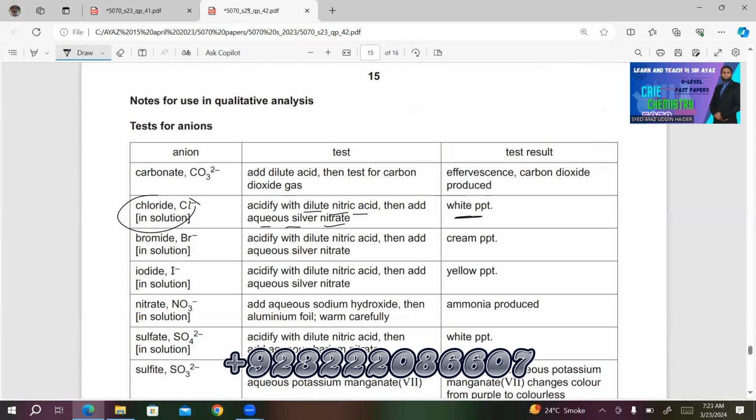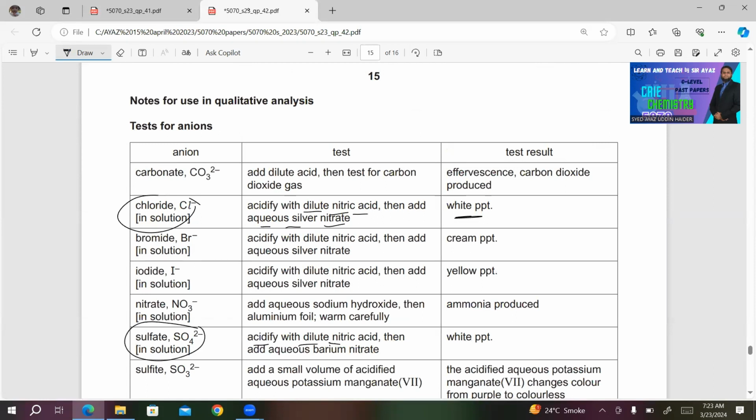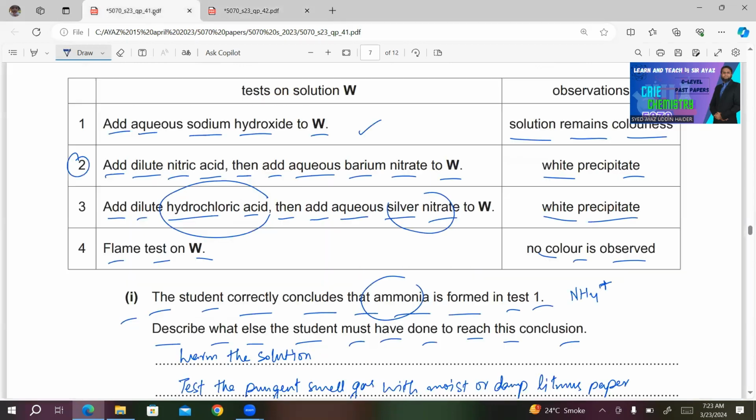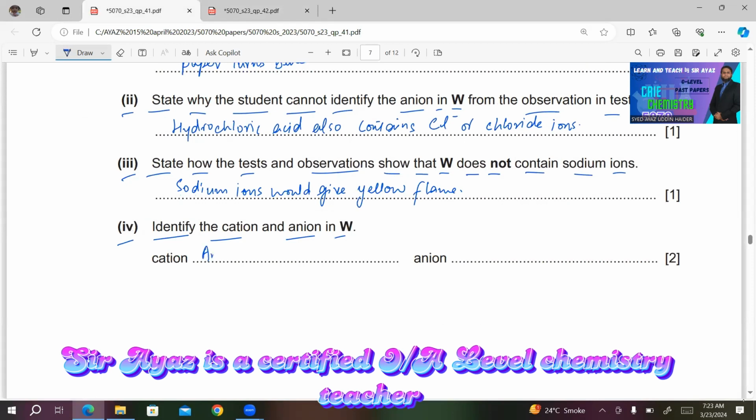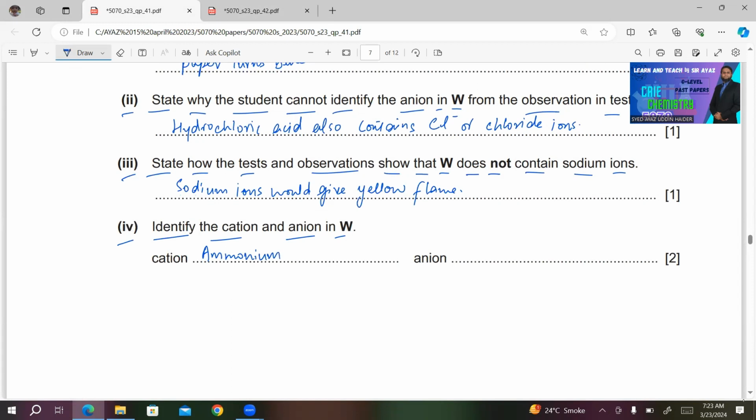So this test is for the sulfate ion. You see this? Acidify with dilute nitric acid, then add aqueous barium nitrate, white precipitate. So definitely it must contain ammonium and sulfate ion. Ammonium, which is the cation here, not ammonia: ammonium or NH4 plus. Sulfate, or SO4 2 minus.